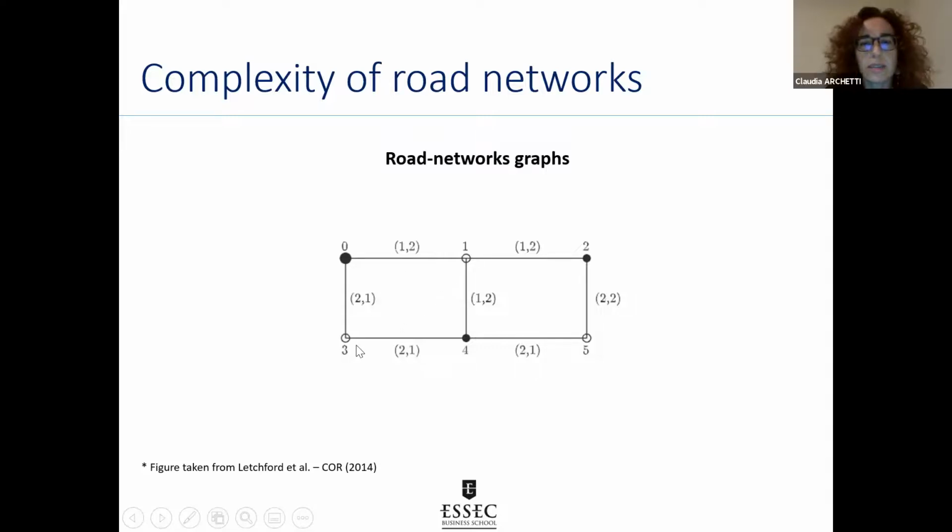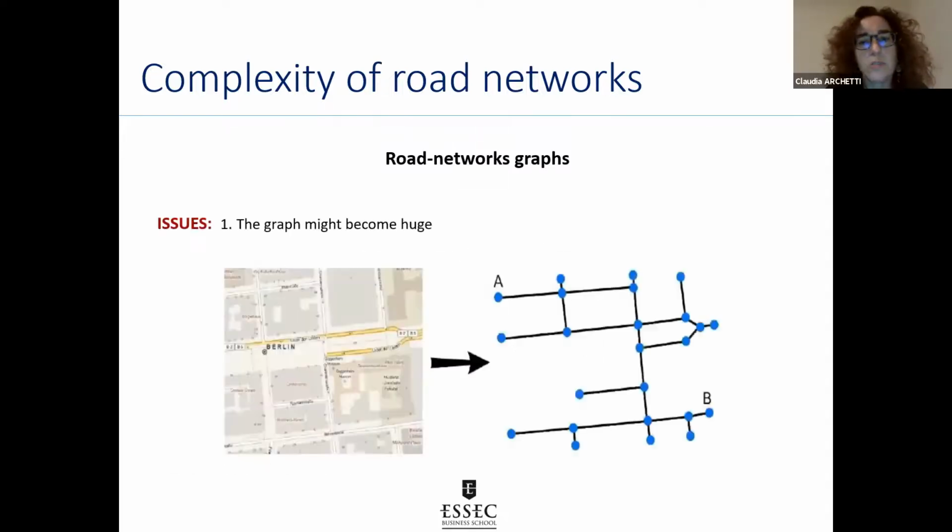And so you see that the size of the graph in terms of number of vertices increases, and then you also have an increased number of edges linking any pair of vertices with their corresponding features. If you think about this representation of road networks into a graph, where on top of the locations that you need to serve you also have additional vertices that represent the topology of the road network, you immediately see that the size of the corresponding graph increases very fast.